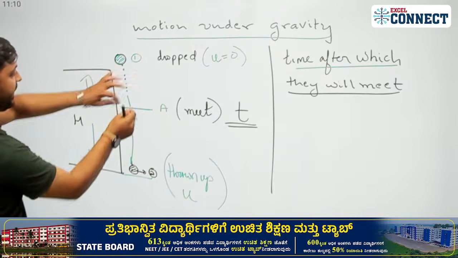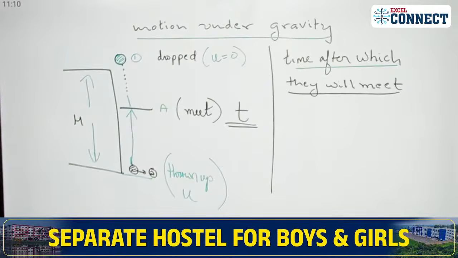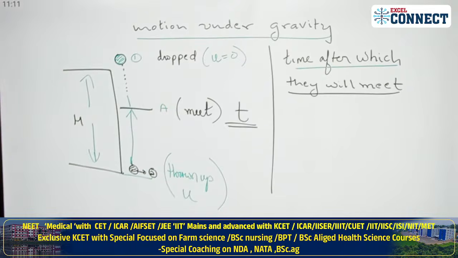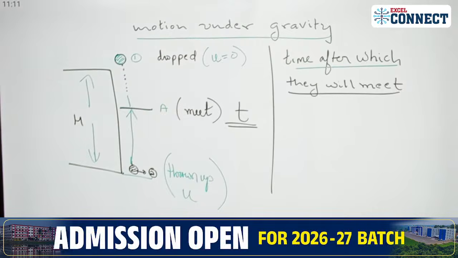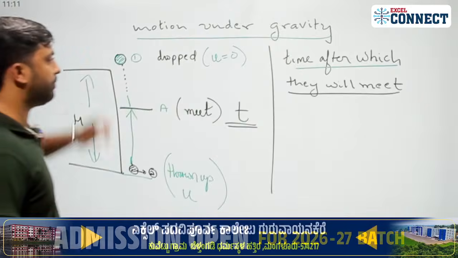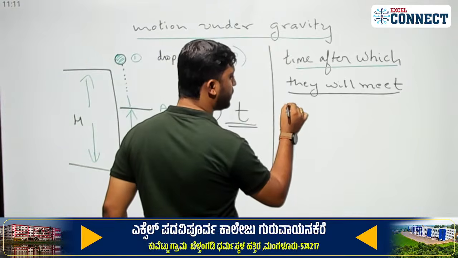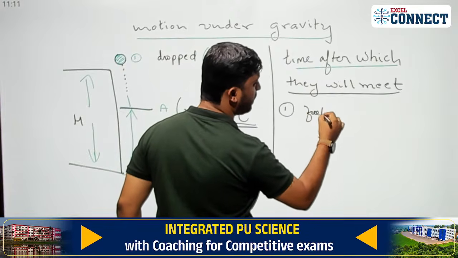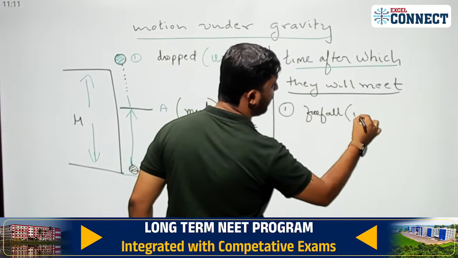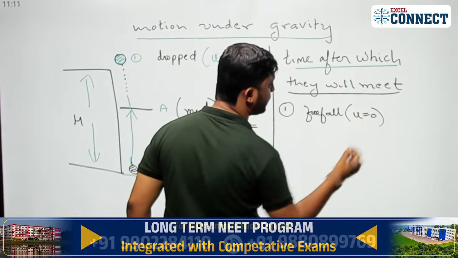They will meet at a point known as A. So, what is the time after which they will meet? For the first object, it is a case of free fall, because it is dropped, initial velocity is 0.